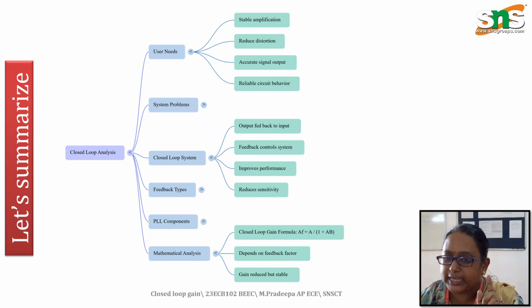Here A is the gain, and beta is the feedback factor. This is the general formula that we have to use to calculate the closed loop gain.